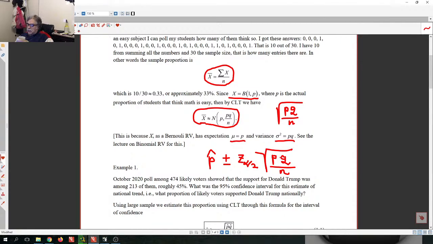That's not possible for us to find out, because if I knew what p is, I would have no need to estimate p. I do have sample parameters though, p hat and q hat, what I got from a sample. And you remember, I mentioned some time ago that if you were missing the population standard deviation, you can use the sample standard deviation.